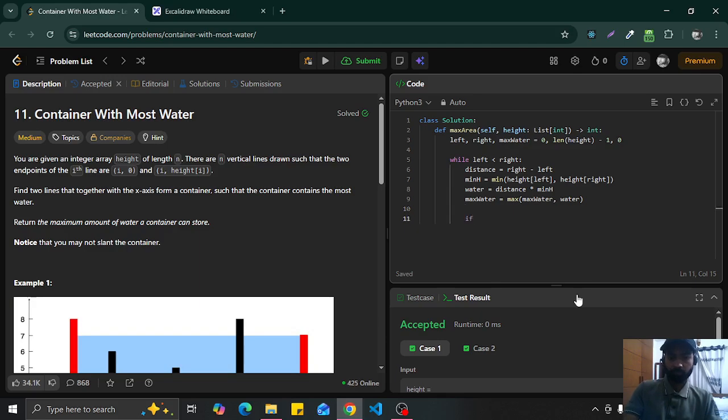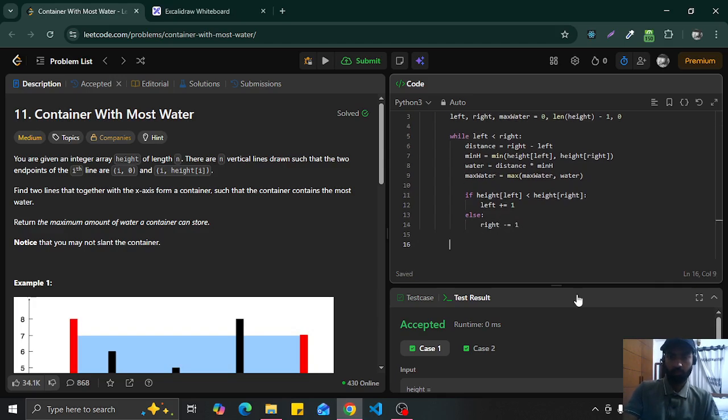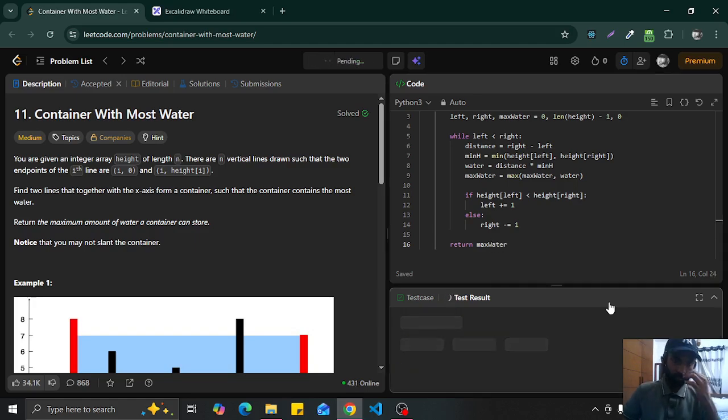So again, if height of left is less than height of right, left plus equal 1, otherwise right minus equal 1, and at last we are going to return max water. Let's run this. This should get accepted.